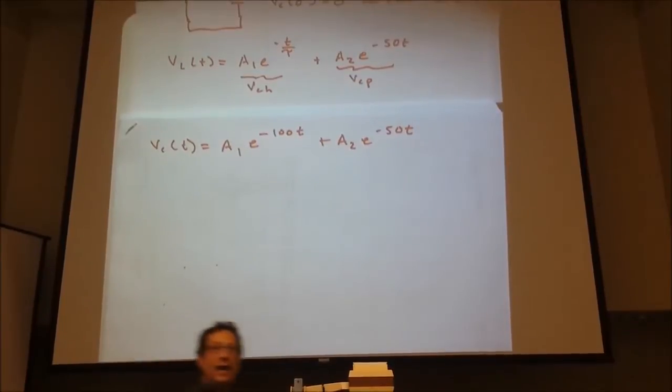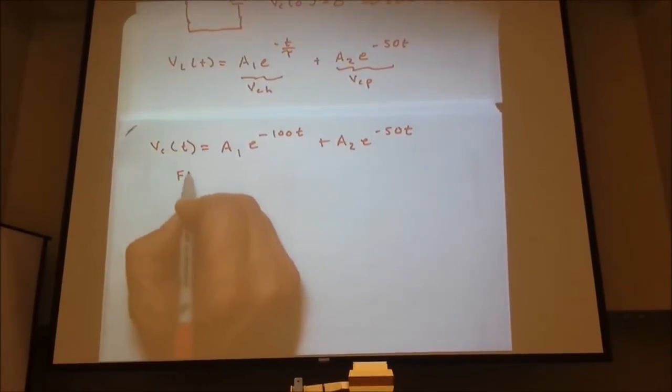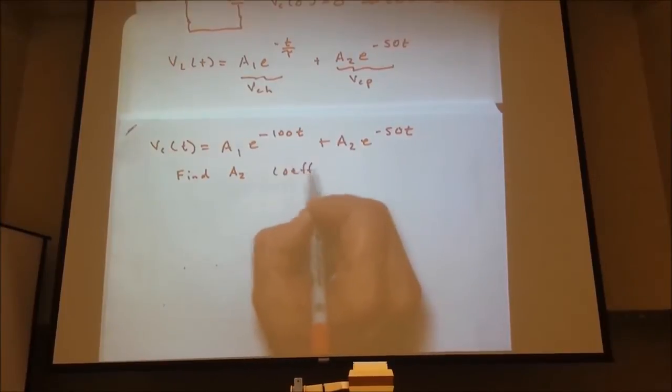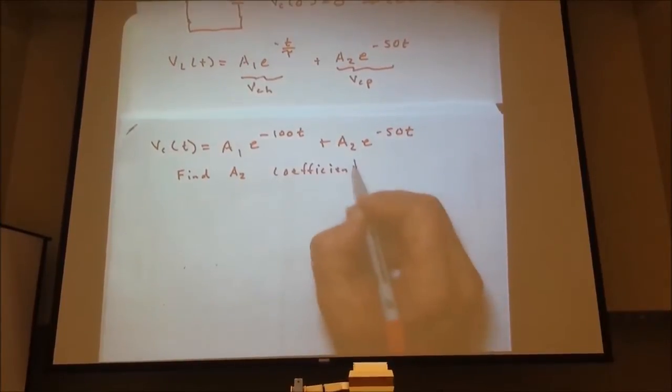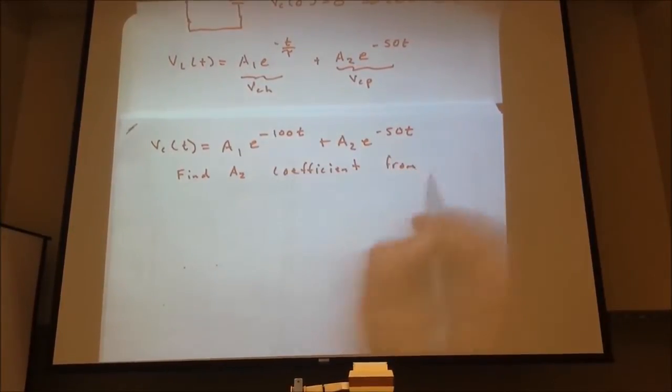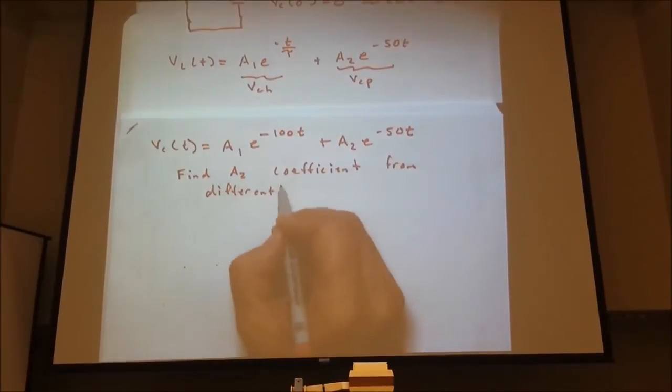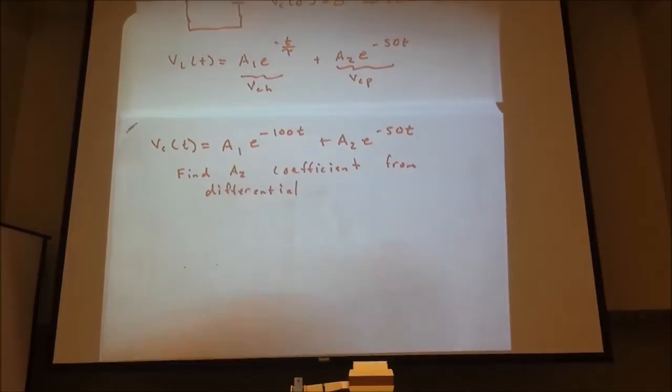How do we find A2? Then we absolutely have to go to the differential equation. There is no DC steady state analysis here because there's no DC term.